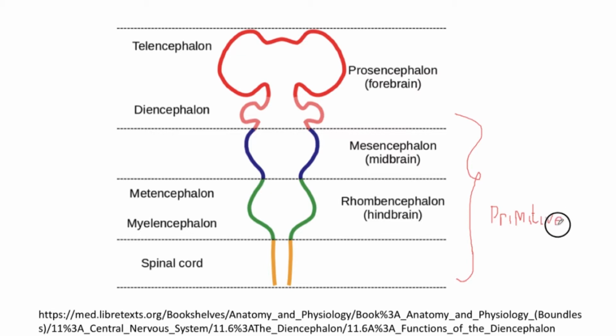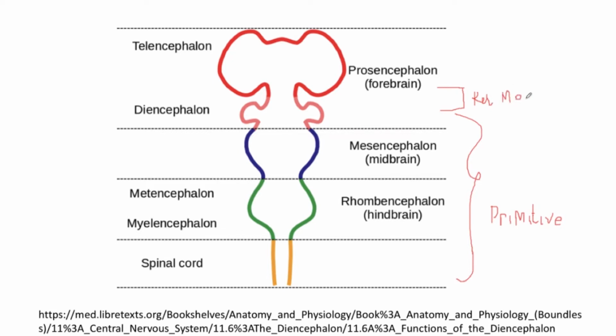Whereas there is some part which is somewhere here, which is relatively in the middle phase of development. So it is not very modern, but it is something which has developed after the primitive part. So this is relatively modern, I would say.